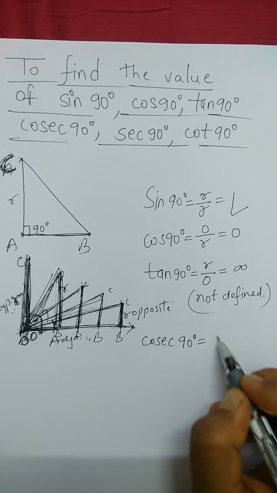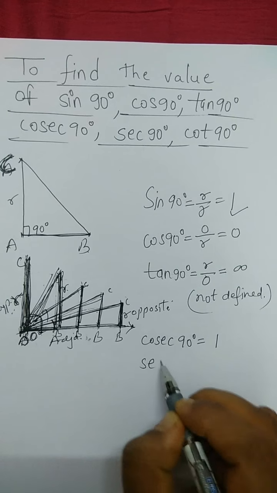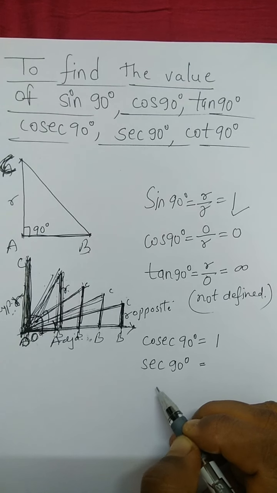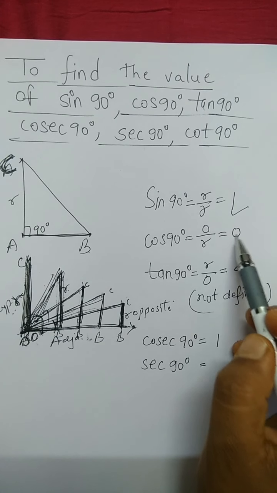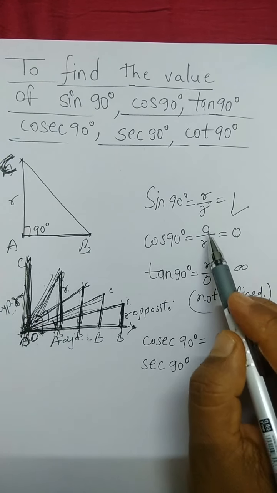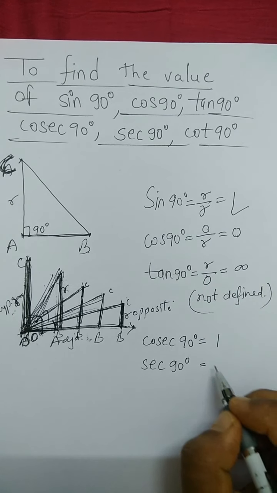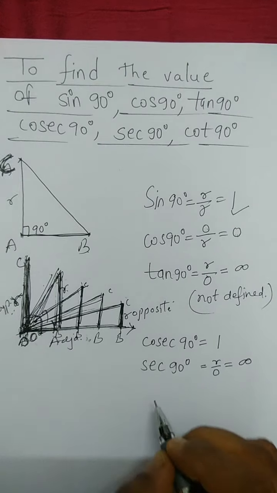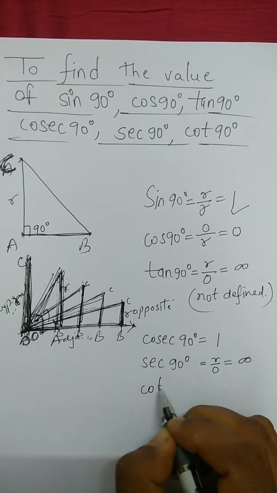Reciprocal of 1 will be 1. Sec 90. I told you to find these reciprocal ratios. You have to just take the reciprocal of these values. So it will be R by 0. R by 0 means undefined. And cot 90 degree.